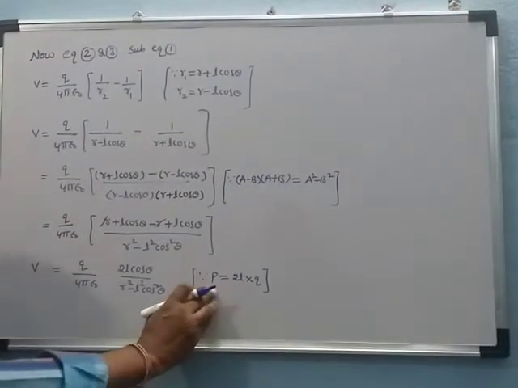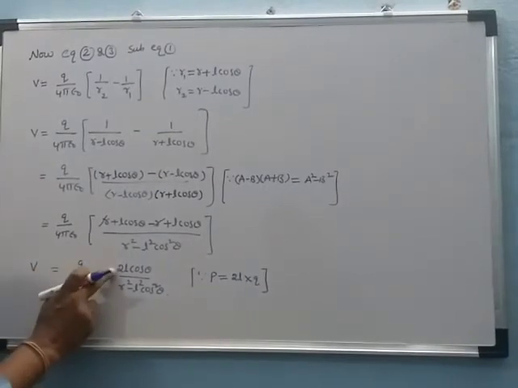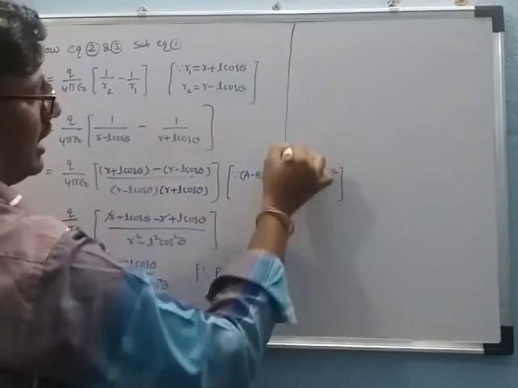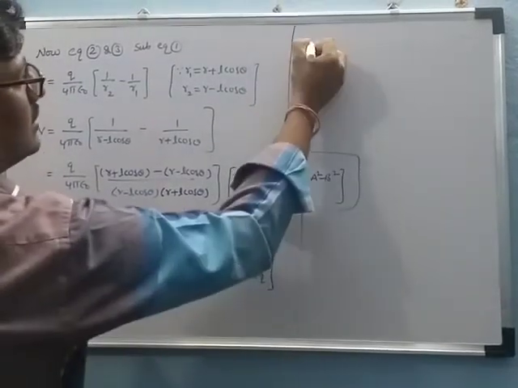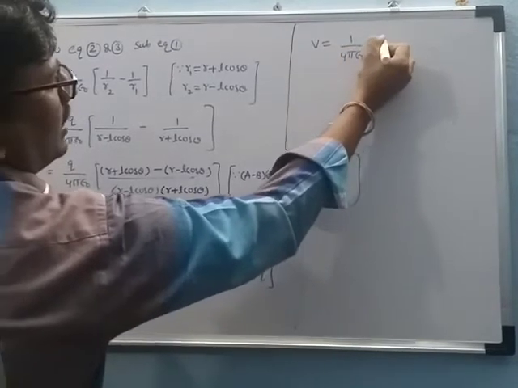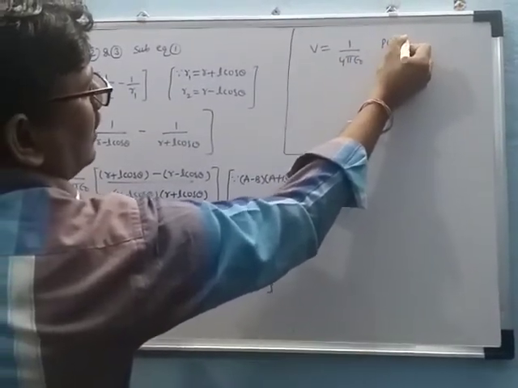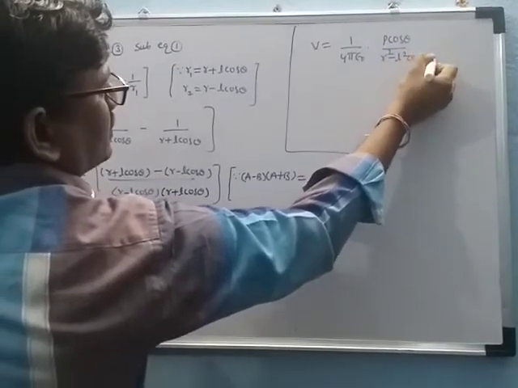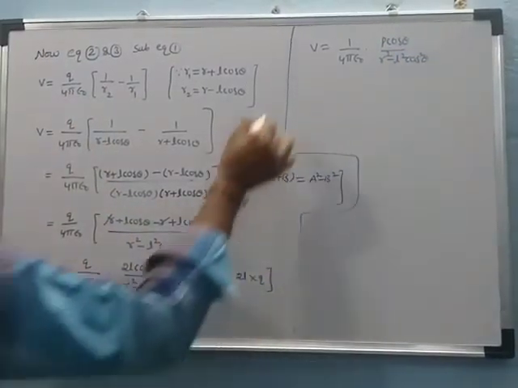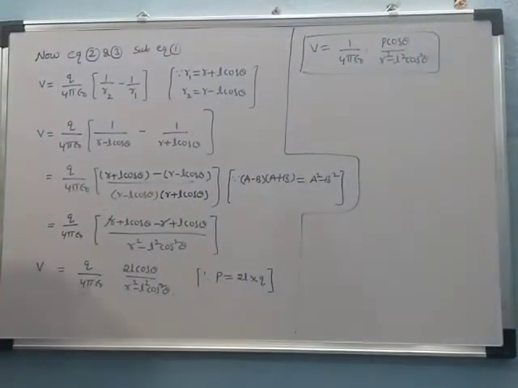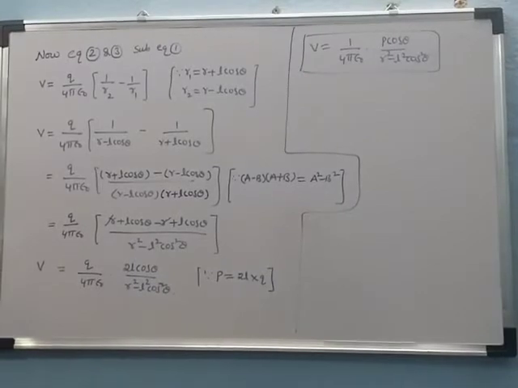Substituting P here, the electric potential is V equal to 1 by 4 pi epsilon naught P cos theta by R square minus L square cos square theta. This is one of the formulas for the electric potential at any point due to an electric dipole.